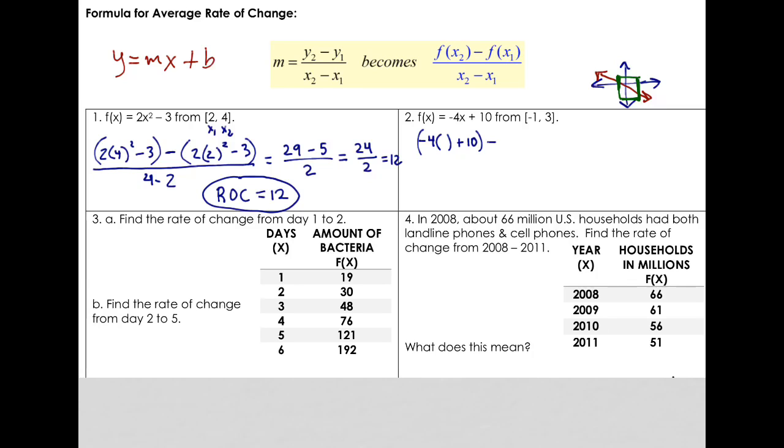Minus -4, parentheses, plus 10. I'm sitting here thinking, guys, this was a quadratic over here. I want to say I was referring to this as linear. Maybe I wasn't, but I have a headache right now, so I'm kind of second guessing myself. But this is not linear. If I said that a second ago, because this is squared, that means it's quadratic.